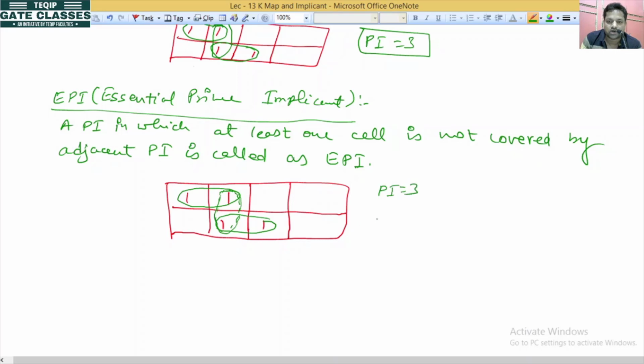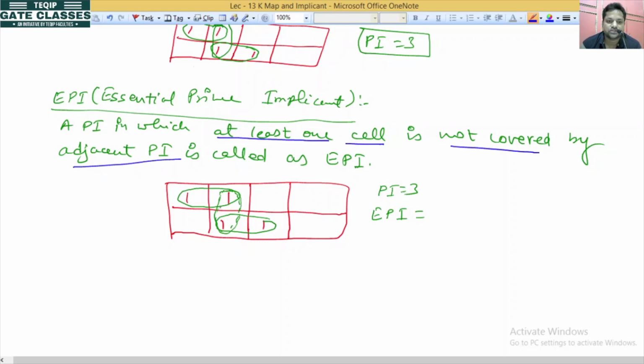So how many groups are there for EPI? Let's see the definition of EPI one more time. A PI in which at least one cell is not covered by adjacent PI is known as EPI.